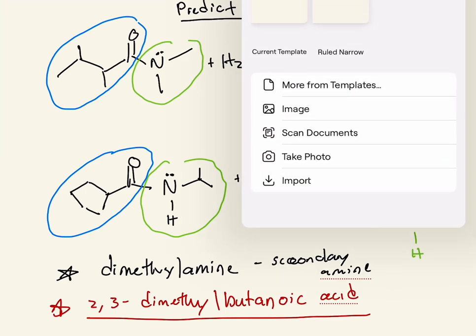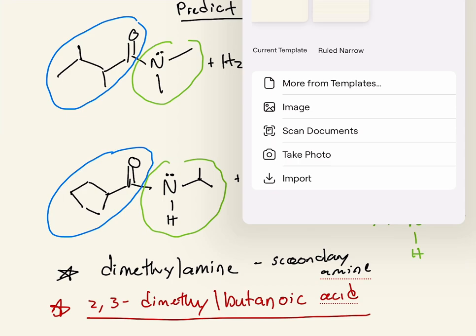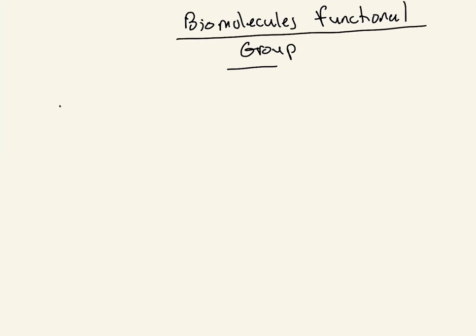I'll make a little table right here. So the biomolecule functional groups, and this will be a simplified version because you can always modify these biomolecules. Functional groups as a prelude to what we'll be talking about for the rest of the class.